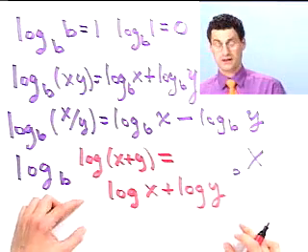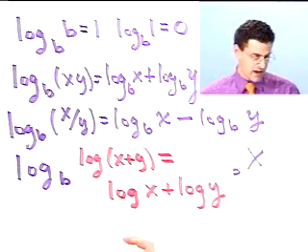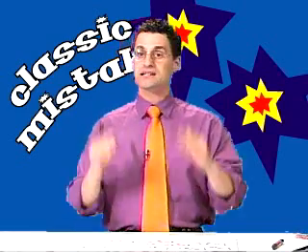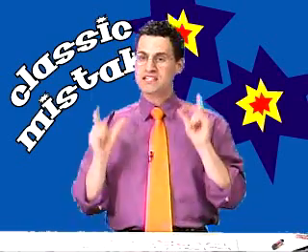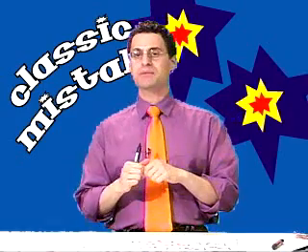People love that one. Log of a sum is the sum of the logs. Okay? This, in fact, is a classic. In fact, this makes it on my top 10 list of classic mistakes. This is number 9. The log of the sum ain't the sum of the log. The log mistake.